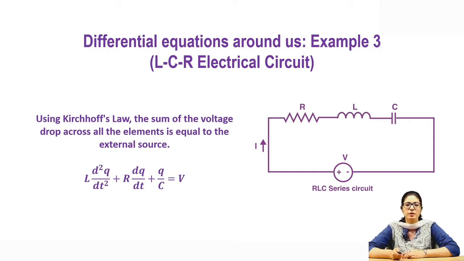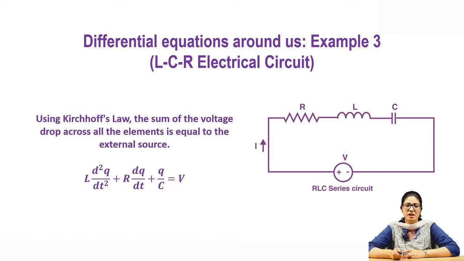If the voltage provided by the external source is represented by capital V, the voltage drops across the resistor, capacitor and inductor are represented by R dq by dt, q by C, and L d square q by dt square. Here q is the charge flowing through the system, t represents time, L is the inductance, R is the resistance, and C is the capacitance.